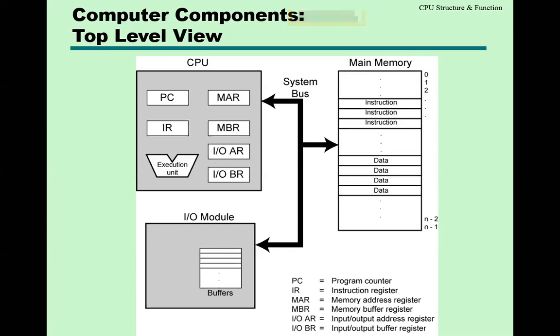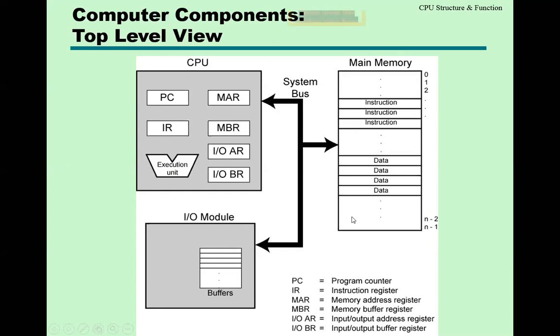In the CPU you will find different types of registers, as well as the ALU. These registers are the MAR, memory address register; MBR, memory buffer register; input-output address register; input-output buffer register; PC, program counter; IR, instruction register; and the execution unit, that is the ALU. All these are under the CPU.